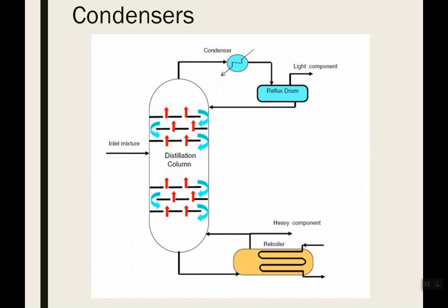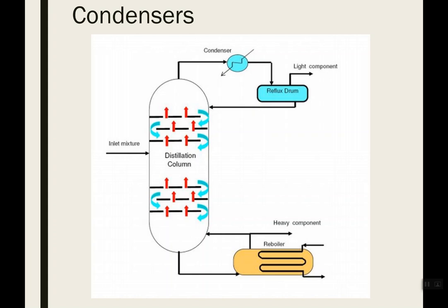Okay, so in distillation, you have some kind of feed that has a bunch of different chemical components, and you want to separate them for whatever reason. In oil refining, you bring in crude oil, which is composed of dozens or hundreds or even thousands of different chemical compounds.